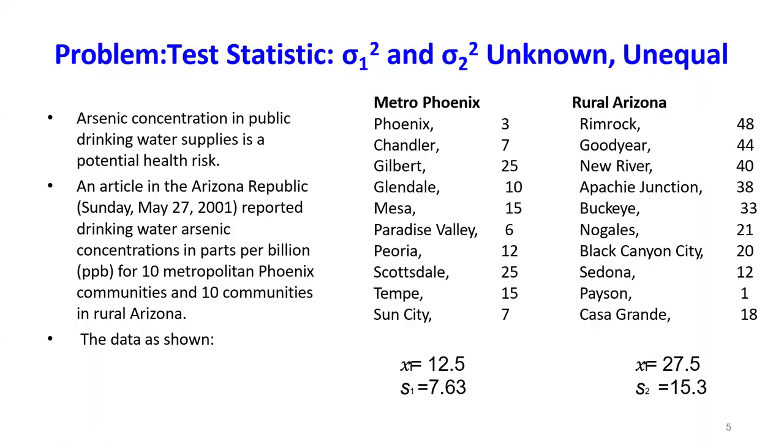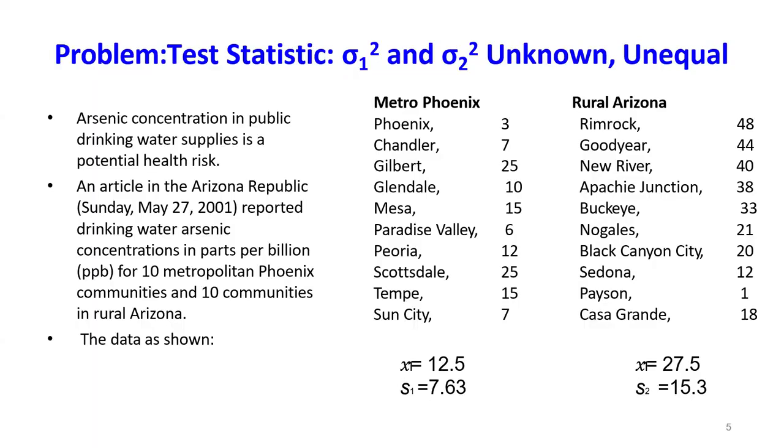Here, the regions we have to consider as different. Nobody explicitly mentioned whether the population variances you have to assume as equal or unequal. So based on the domain understanding, based on your understanding about the population, you have to decide whether you have to consider both the variances as equal or unequal.